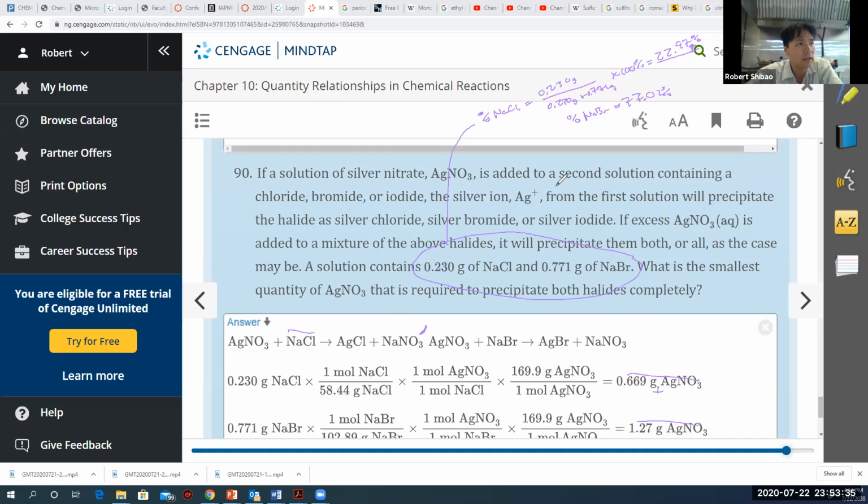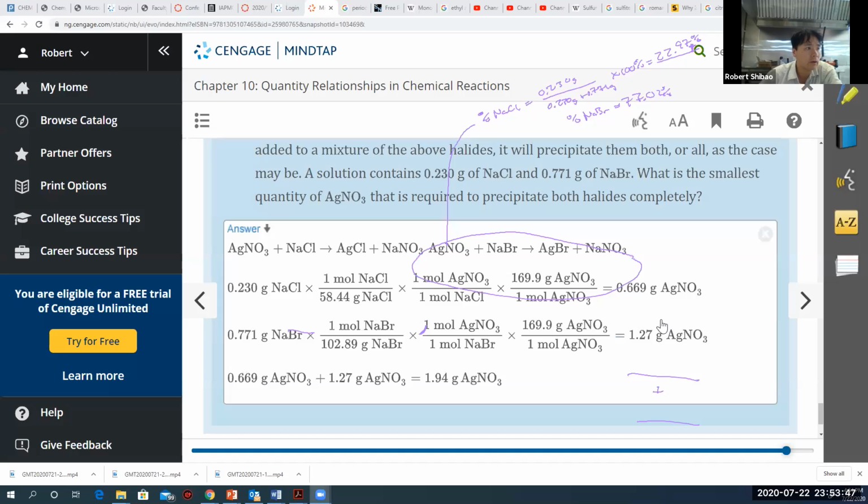Now, the odd thing is this. The amount of silver nitrate that you have to use is unique. This is the amount that's required for 22.977% sodium chloride. If I had a different percent mixture, it gives a unique amount of silver nitrate that we need.